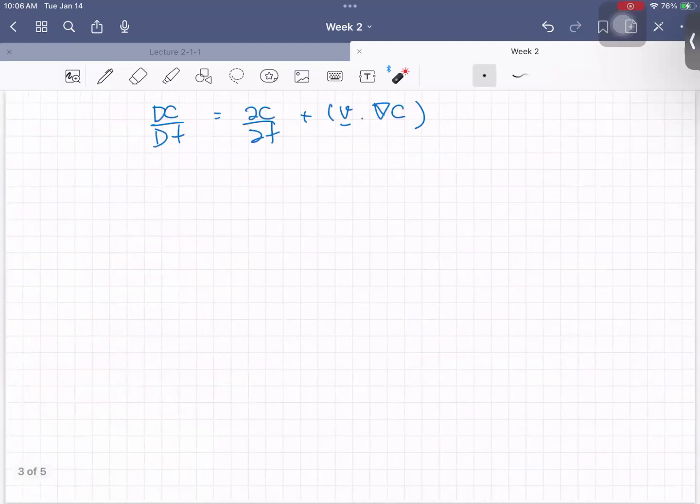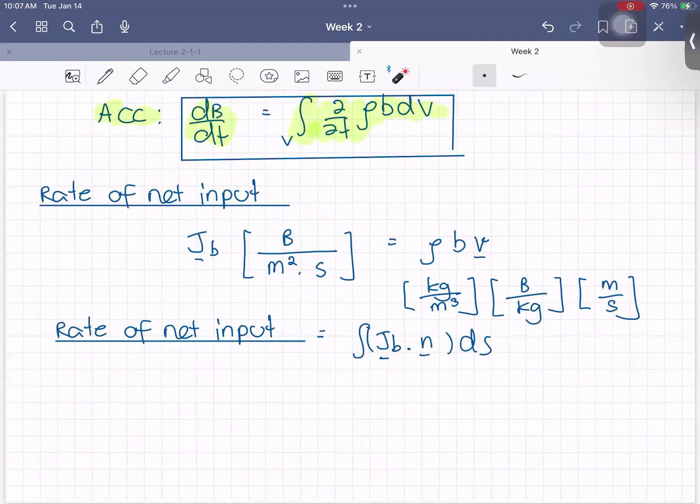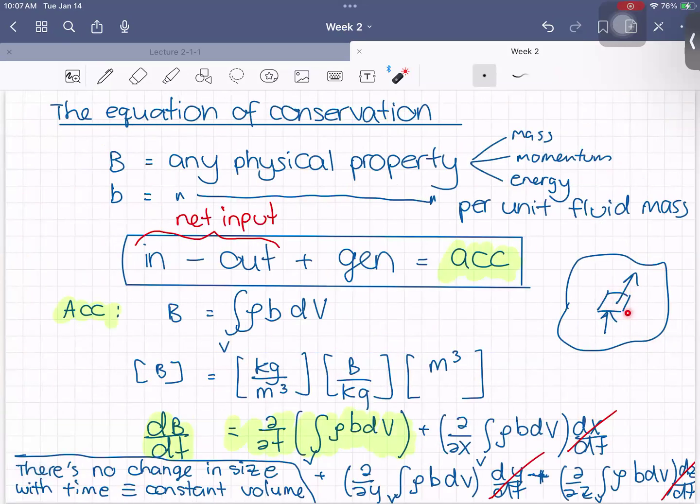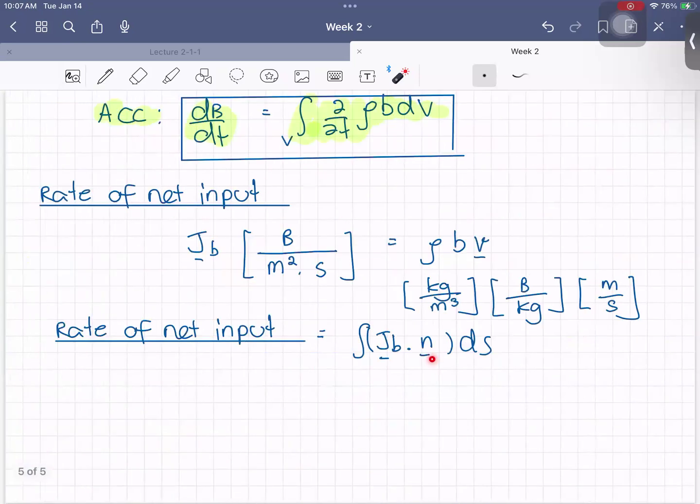Same thing with this one, JB dot n, because if we consider this small area here, the net input of flux can be going in or going out in any direction, so we have to dot it with the normal vector.